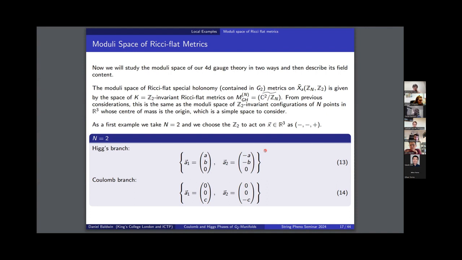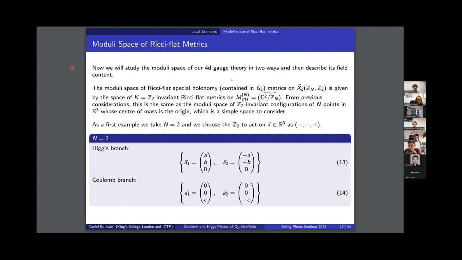And so the 2-sphere coming from the line segment between them has its orientation reversed. In the second case, we put the points on the axis of rotation, and they're left invariant, and the 2-sphere coming from the line segment between them has its orientation preserved as well. So we have one 2-dimensional branch and one 1-dimensional branch to the moduli space.